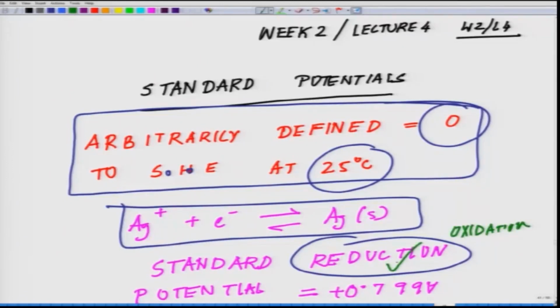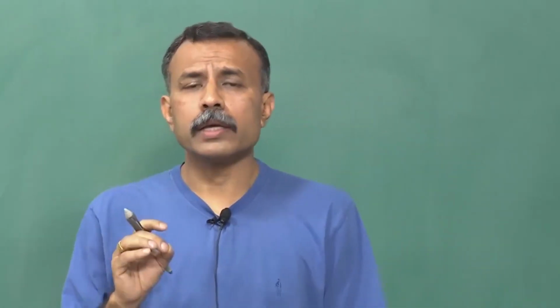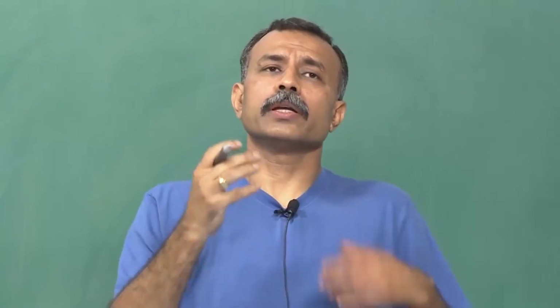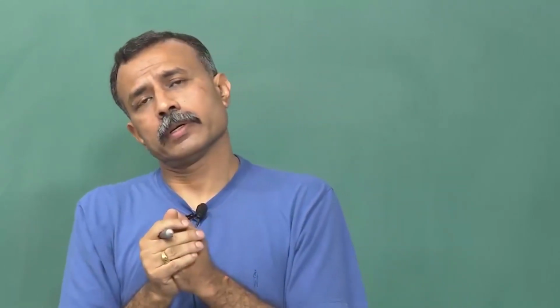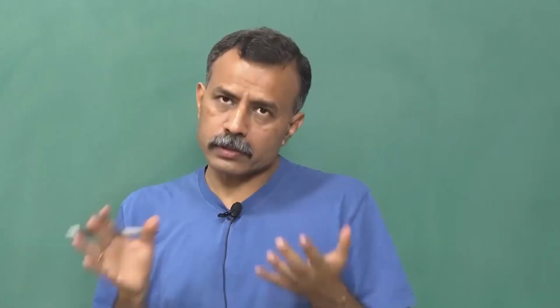The general thumb rule which most of the books will follow, and I am going to follow, is standard reduction potential. In other words, the potential with which it can pull an electron towards it instead of giving away an electron. So we are not dealing with this, but theoretically, yes, you can always talk like that.